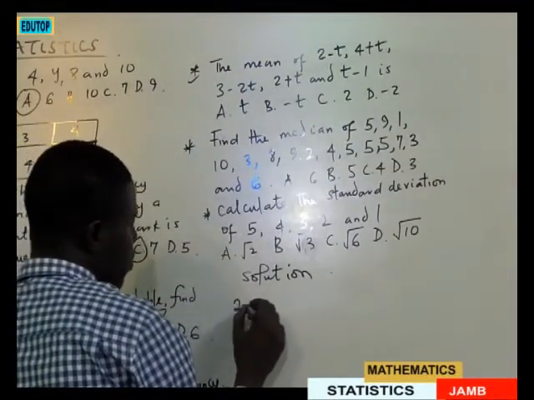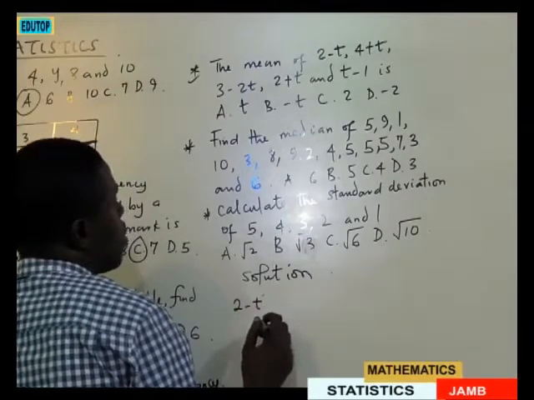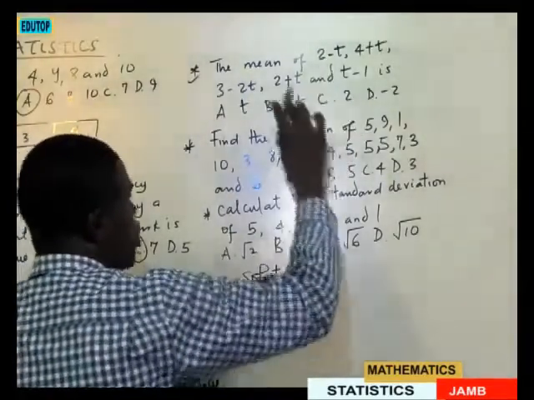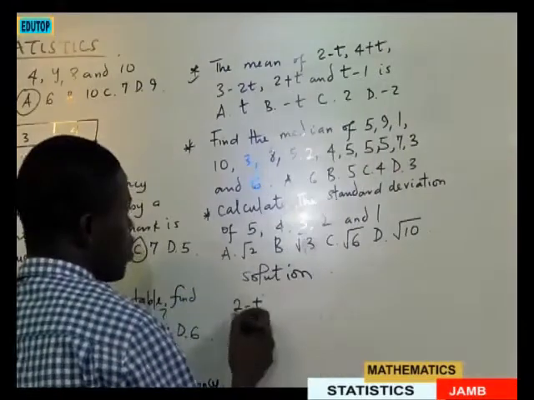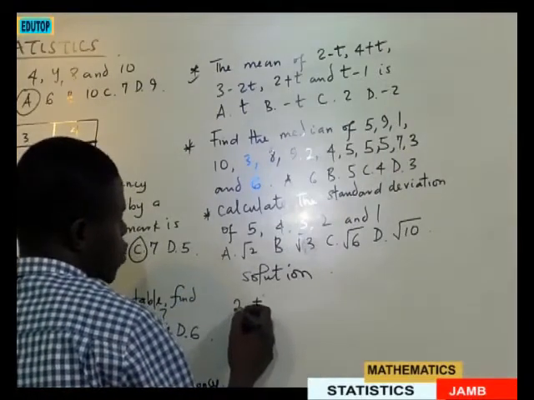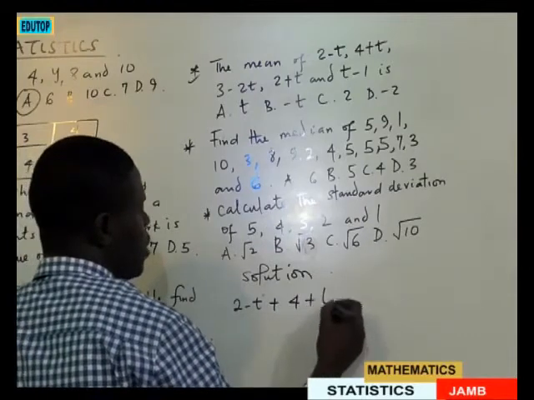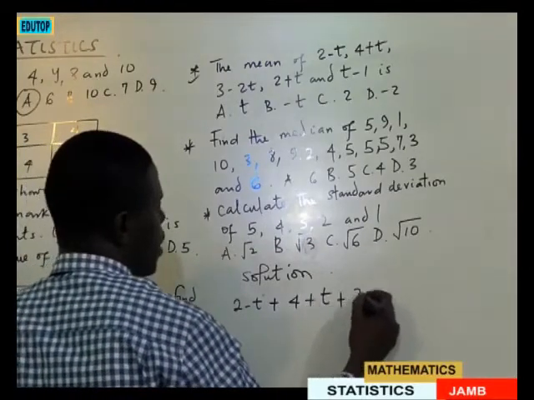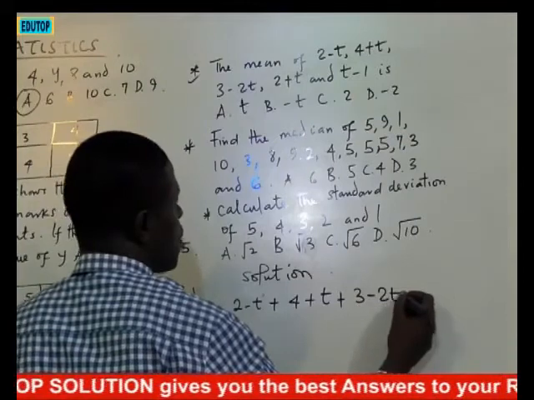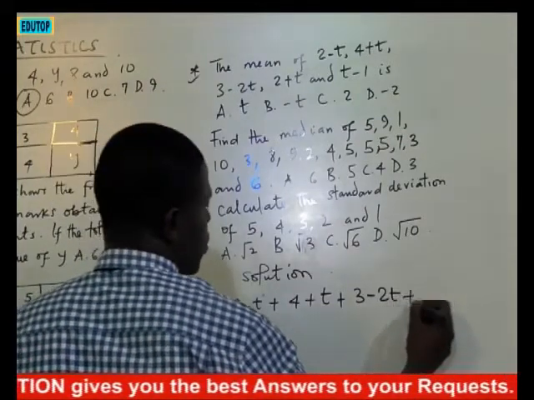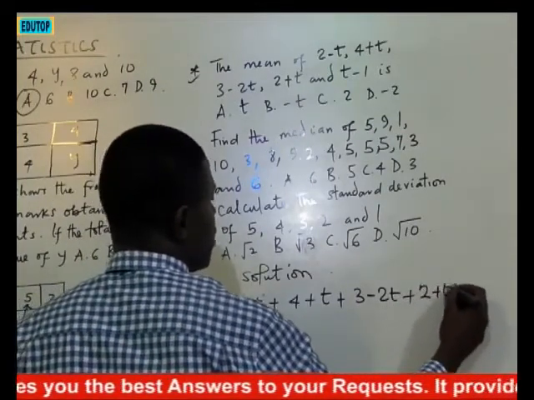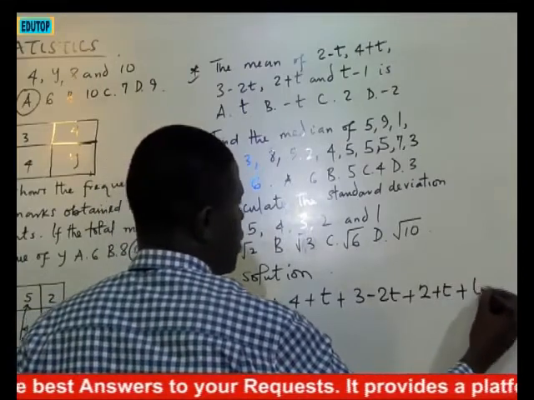So we have 2 minus t. We sum everything and we divide by the number. So 2 minus t plus 4 plus t plus 3 minus 2t plus 2 plus t plus t minus 1.